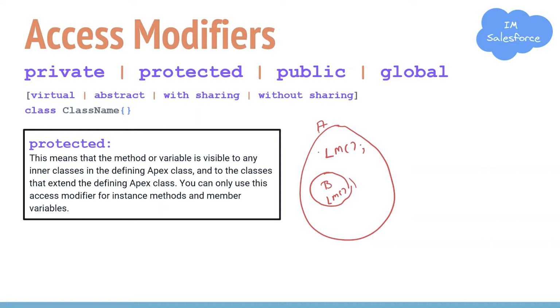So we have defined this LM in this particular class A, and in B we can use this LM method because it is defined in A and A is the outer class of B. Okay, so that's why it can be used in this class, that is B.